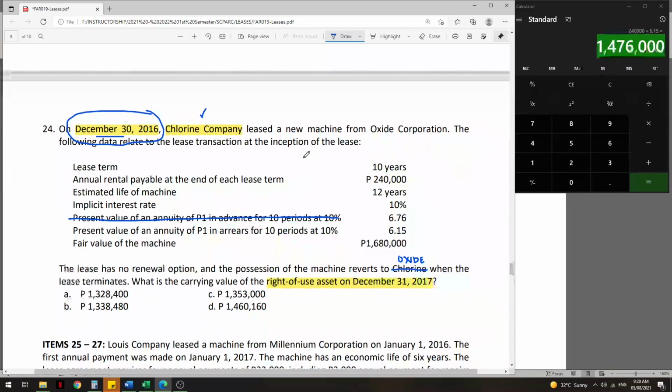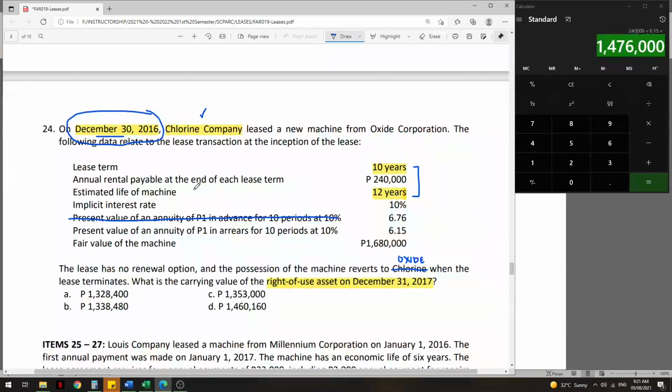This means we will return the asset. It also means that we will only be able to enjoy using the asset during the lease term. But here is the rule. If the asset will be transferred to chlorine, you will depreciate it using useful life. But if the asset is going to be returned to the lessor, you will have to pick between 10 years and 12 years.